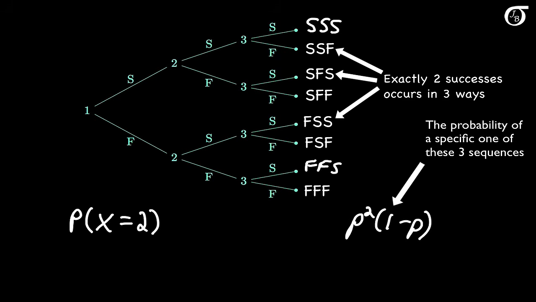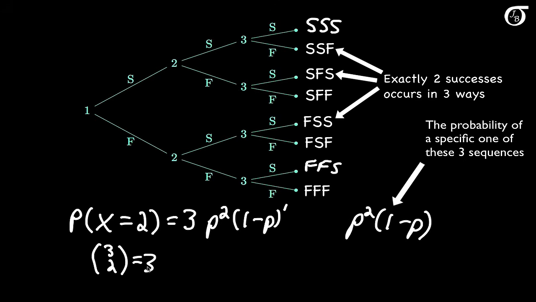To get the overall probability, we need to multiply the probability of a specific ordering of x successes and n minus x failures by the number of ways x successes happens. So here, the probability of getting exactly 2 successes is going to be equal to 3 times p squared times 1 minus p, and I'll just put that to the first power, indicating failure happened once. But if we worked out the binomial coefficient here, 3 choose 2, we'd see that that is equal to 3.